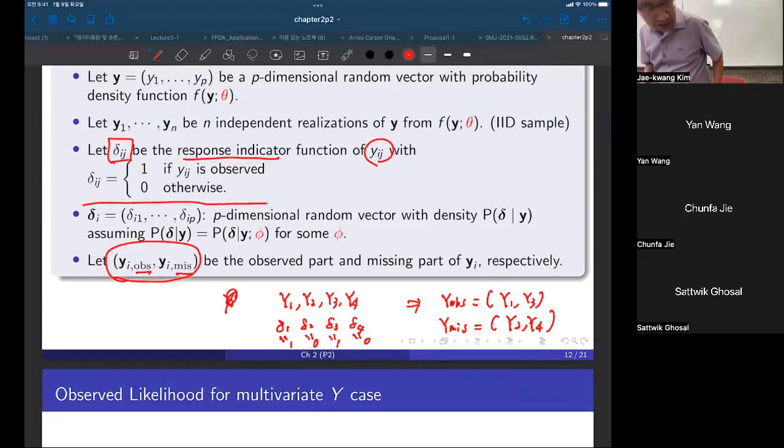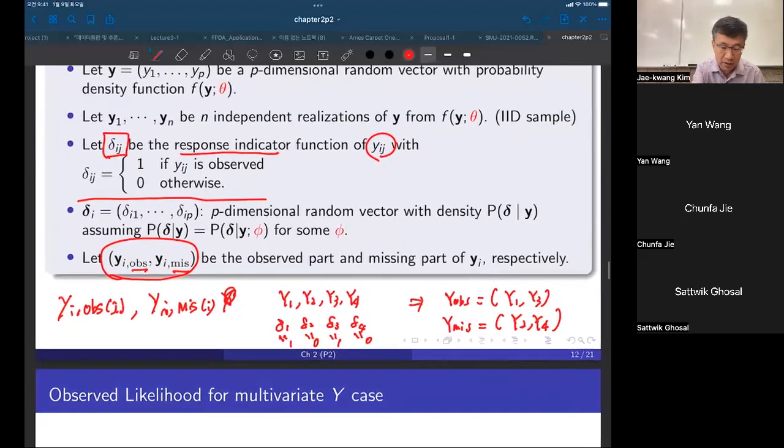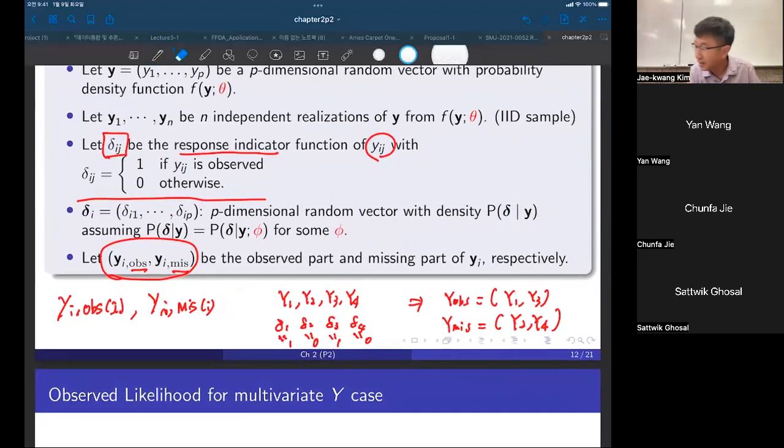So to be rigorous, actually y_obs depends on i, because of the missing pattern. This is one particular row. Even if you have a four-dimensional vector, for each row sometimes you have a different missing pattern.